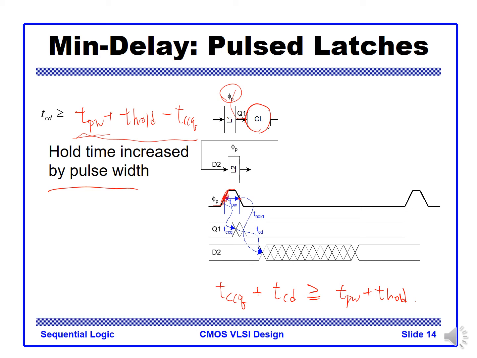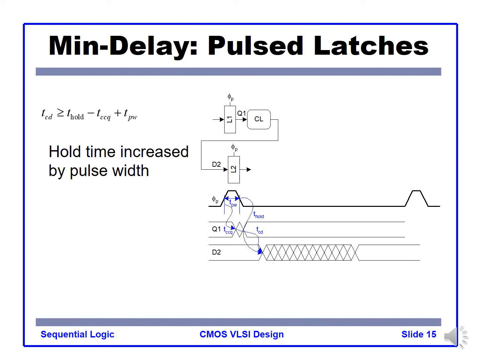Because it's a larger minimum delay, the minimum delay becomes larger for the combination logic. So this is the actual equation that we have written. We can double check.